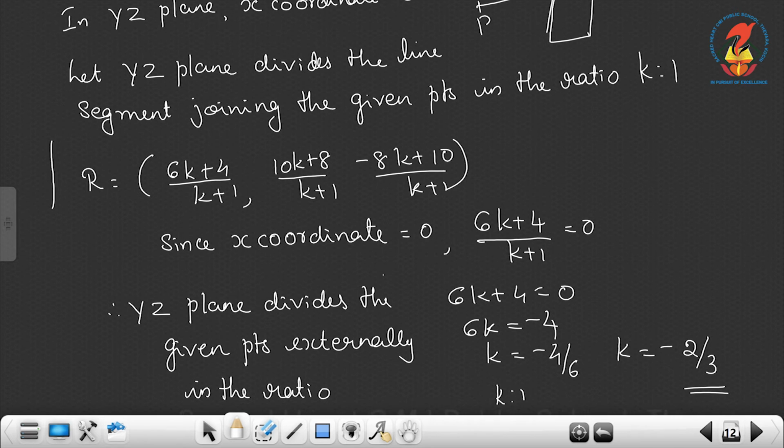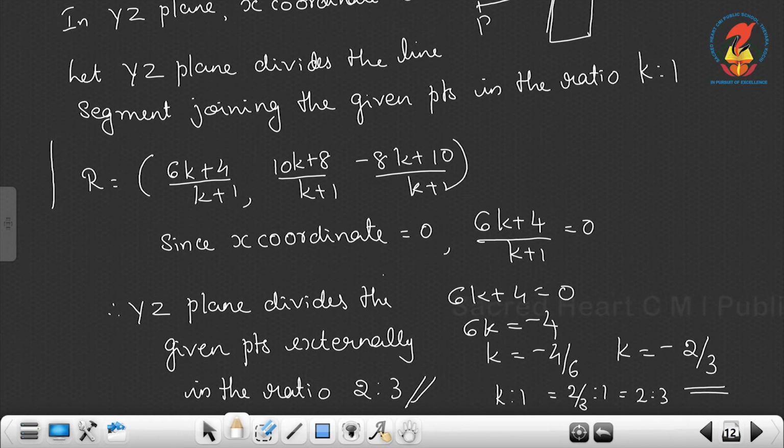What is k is to 1? This minus you can neglect now. Minus indicates external division. So it is 2 by 3 is to 1, or we can write as 2 is to 3. So YZ plane divides the given points externally in the ratio 2 is to 3. Here I wrote externally, so there is no need of the minus sign.